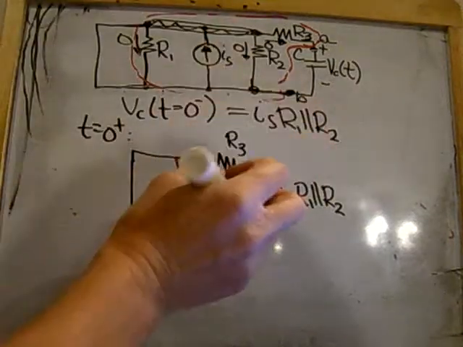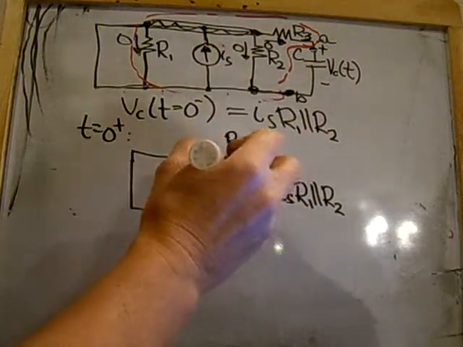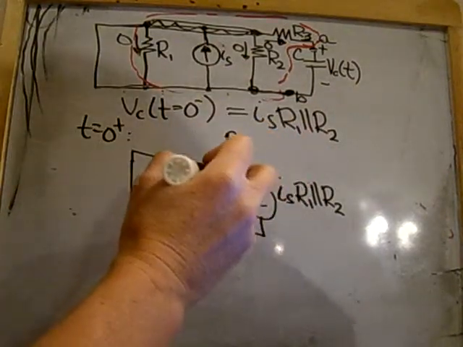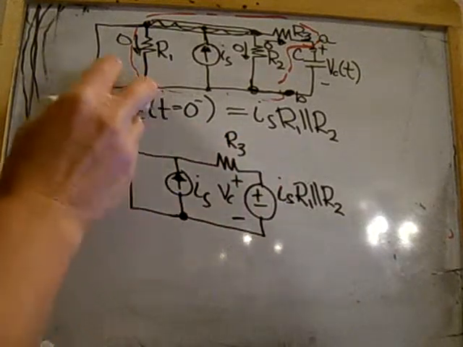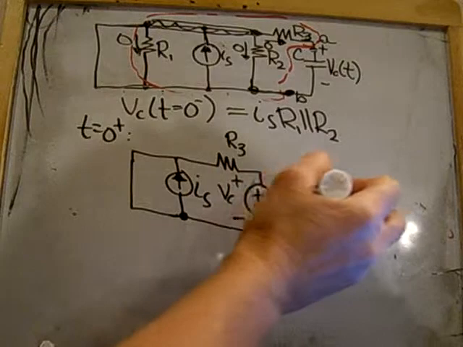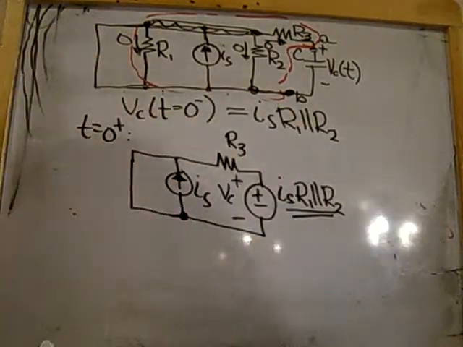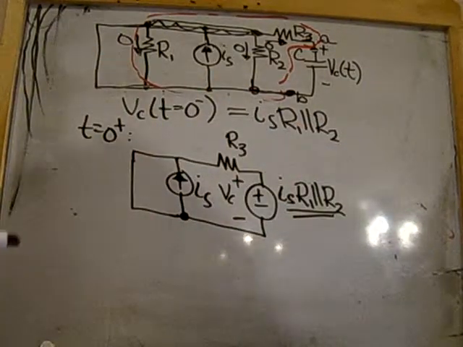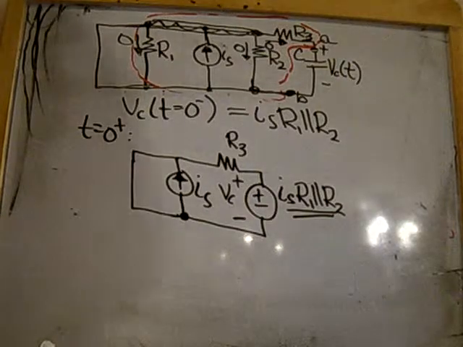The voltage is what we're trying to find here. So the voltage across this, since it can't change instantaneously, will be exactly the same. So this will be my initial value, IS R1 in parallel with R2.